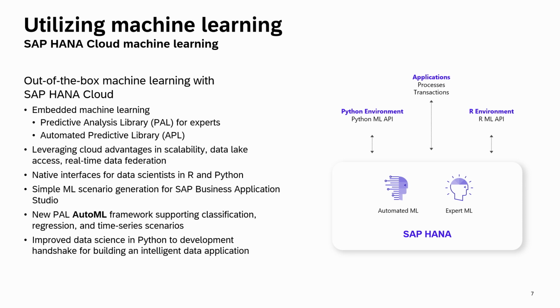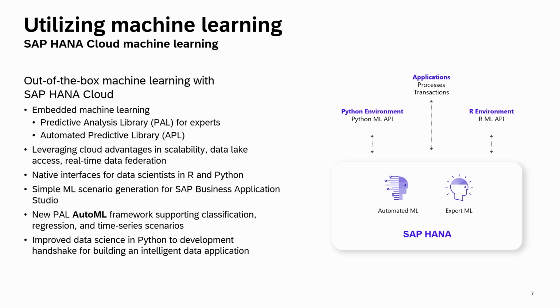These functions and algorithms can be invoked directly via SQL, or if you're a data scientist mainly living in Python, there is a HANA ML client that allows you to tap into these algorithms and use them from your well-known Python environment, like from Jupyter Notebooks.